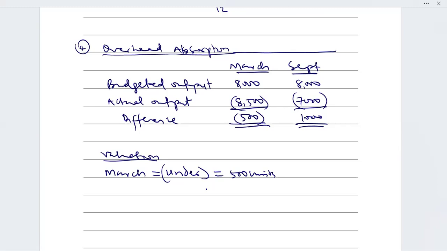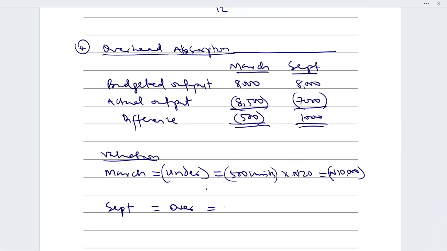To be consistent, multiply by the fixed overhead absorption rate, 20 naira. Your fixed production overhead per unit is your fixed overhead absorption rate. Multiply by 500 gives minus 10,000. Then for September, the difference is 1,000 units, which is over.